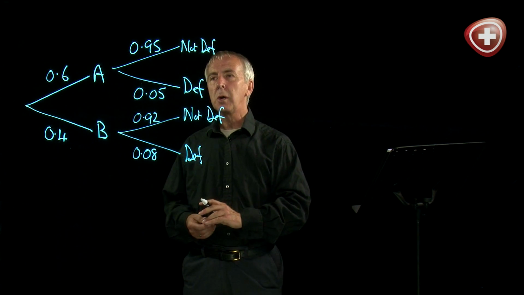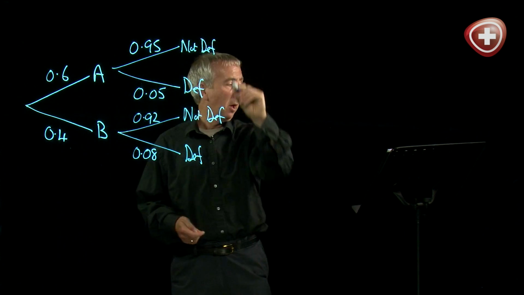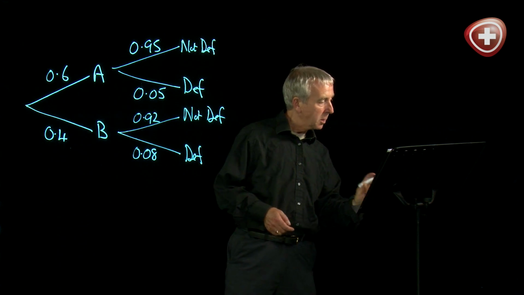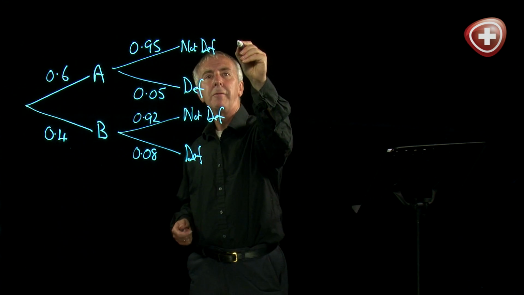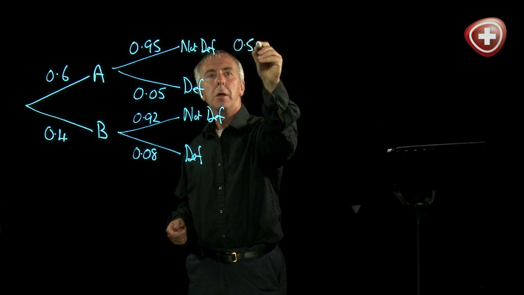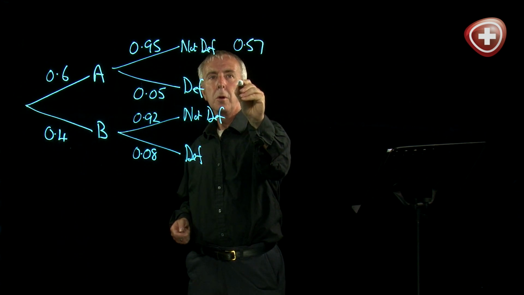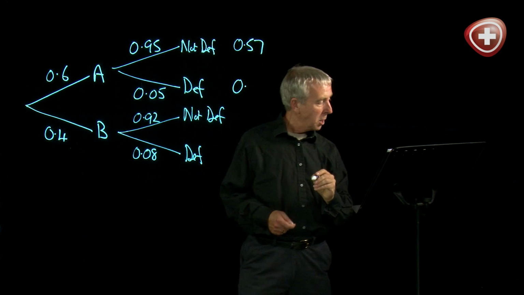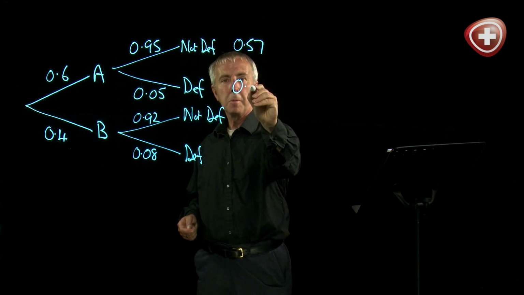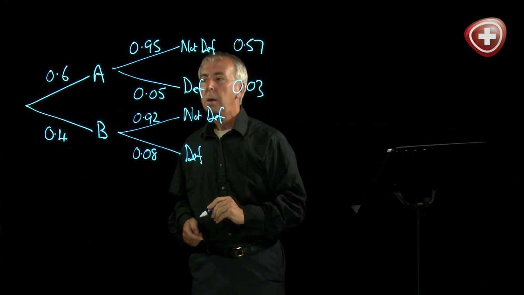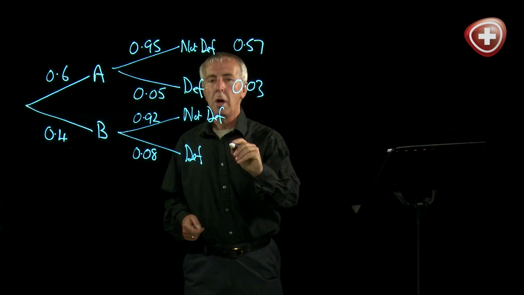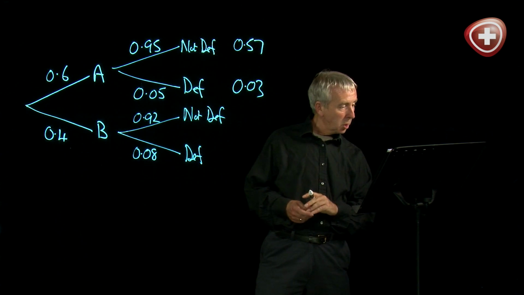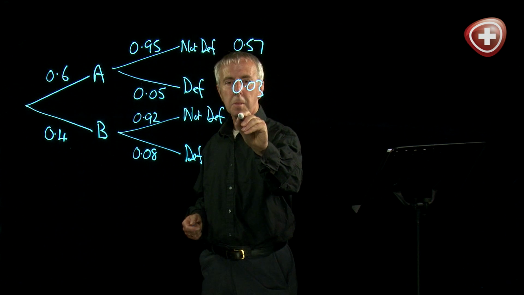And so, as before, we can work out the numbers by multiplying along. We get 0.57 by multiplying the probabilities there. We get 0.03. Here we get 0.4 times 0.92, which is 0.368.